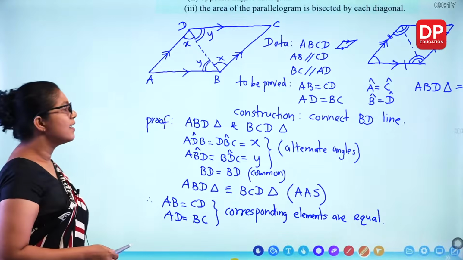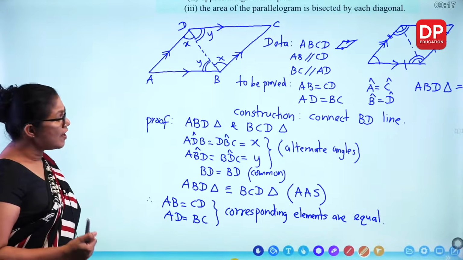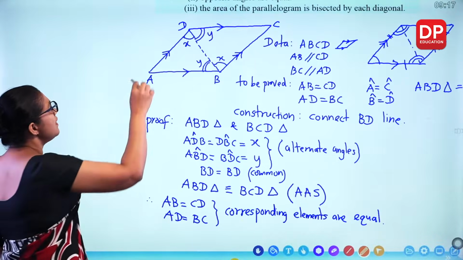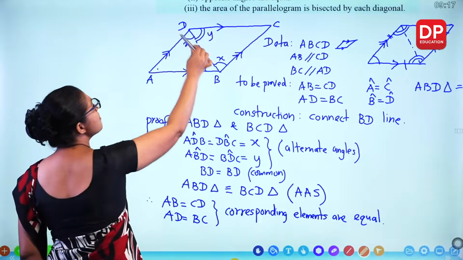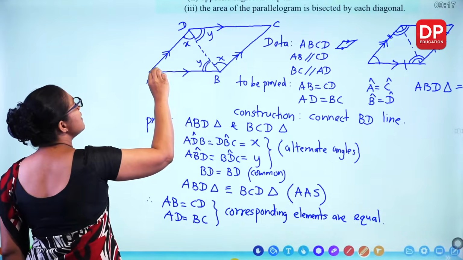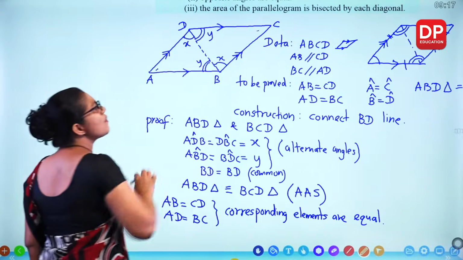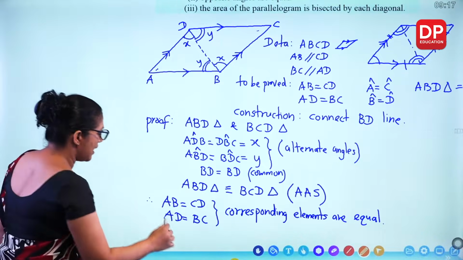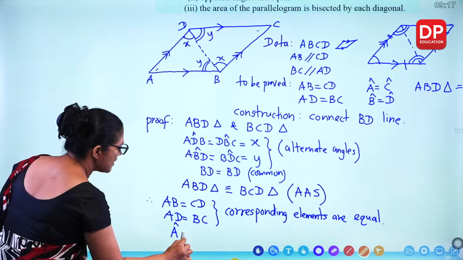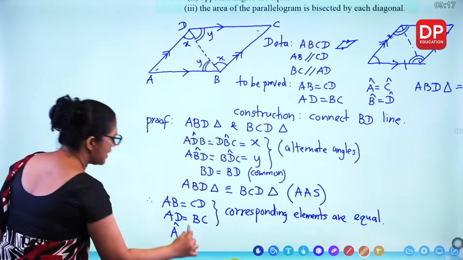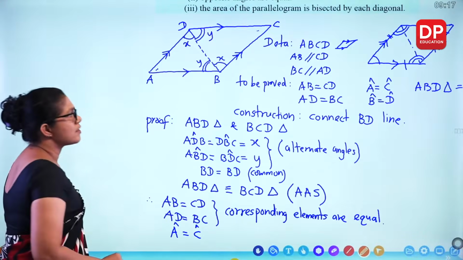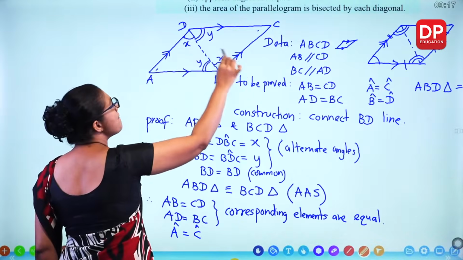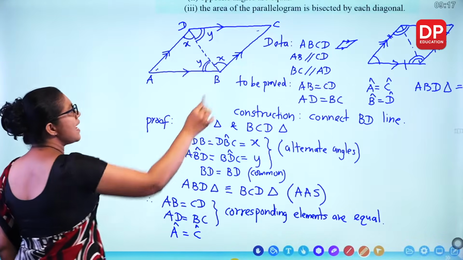Corresponding elements are equal. Again, when you think about angles, this angle corresponding to this BD line should be equal to this angle. So we can show that angle A is equal to angle C. That's also a corresponding element. What about the other one? If you take angle B, what is angle B?